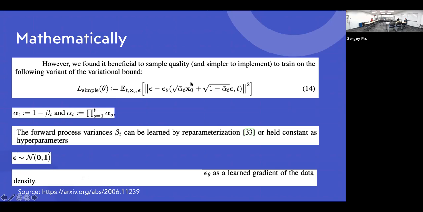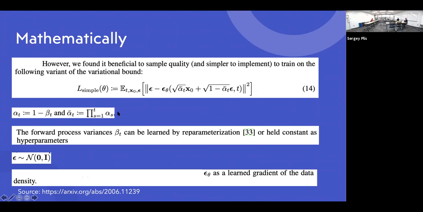I'll go through each of the variables because we haven't talked about them before. First of all, we're taking the expectation over t, x0, which is the data, so every data sample, and epsilon, which is a sample from a normal distribution.